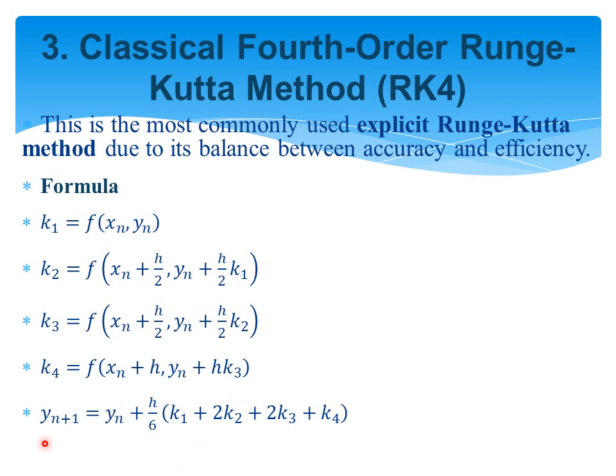Now you can see here yn+1 = yn + h/6 (k1 + 2k2 + 2k3 + k4). We put the values of k1, k2, k3 and k4.